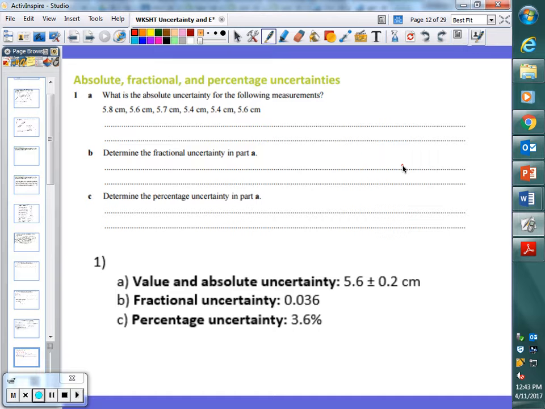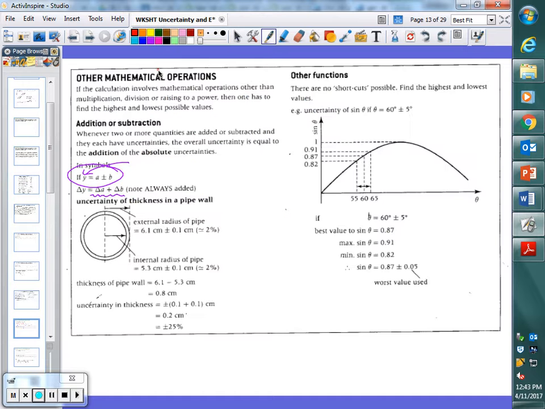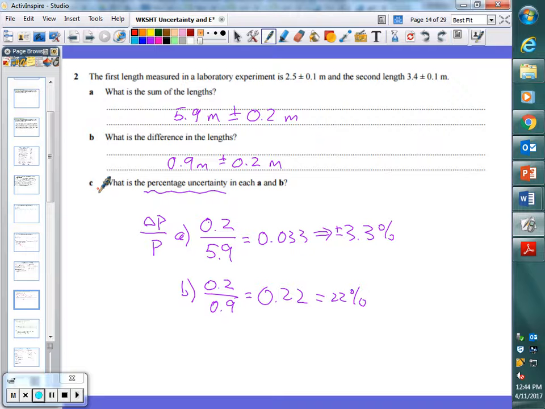But then when we start looking at mathematical calculations, we have to look at the uncertainty of the values that we are calculating with. When we're adding and subtracting, we just add up the uncertainties, right? So here, for the sum of the lengths, we just added those 2 values together, but then we have to find the uncertainty of this sum value, we have to add the uncertainties of both of our original measurements to get that there, right?